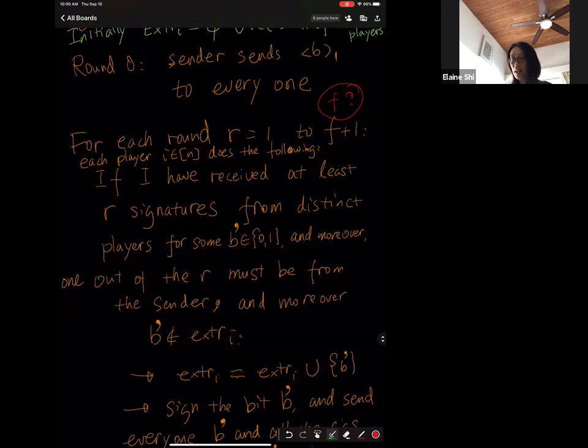So intuitively, the more rounds you have, in some sense you're amplifying consistency, but that's not very precise, obviously. That's just intuition. Okay, so can anyone spot an attack that breaks consistency if we run it for only f number of rounds?